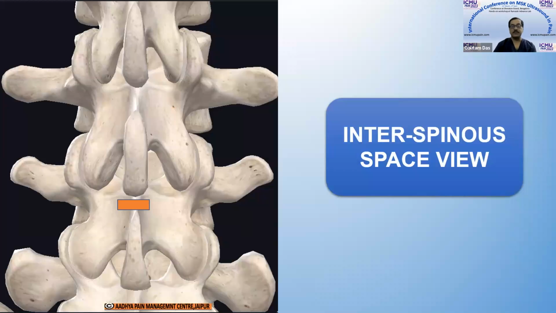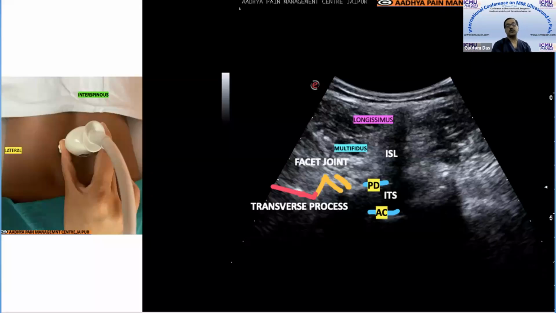This is the interspinous space view. This is also called the bat's view, because it looks like a bat. This is the interspinous ligament through which the USG beam is going down. This is the posterior complex, this is the anterior complex, and in between is the intrathecal space. We can see the facet joint here, and the transverse process here.